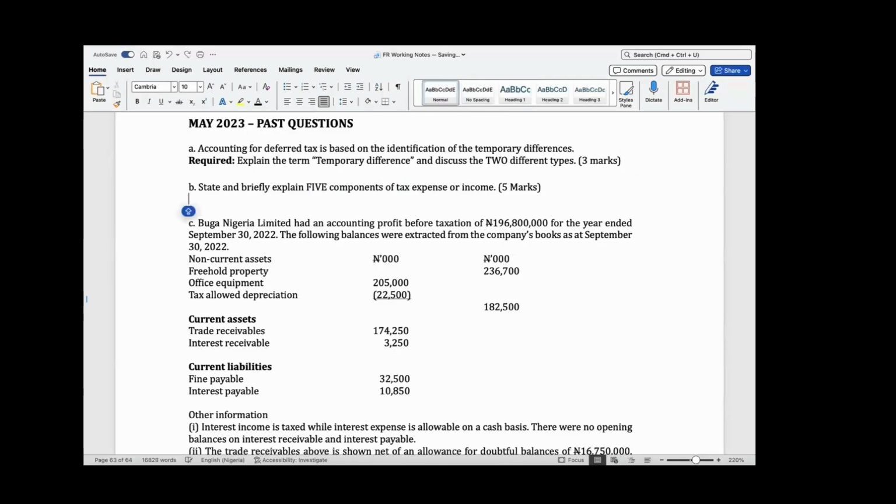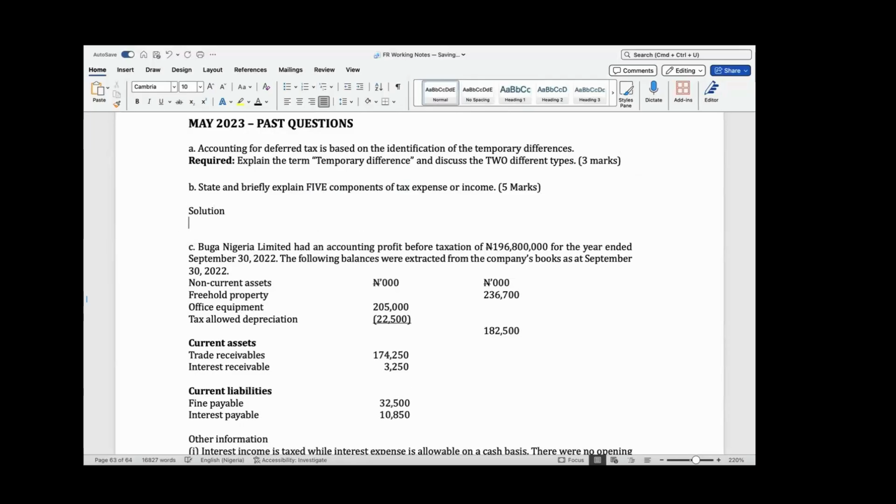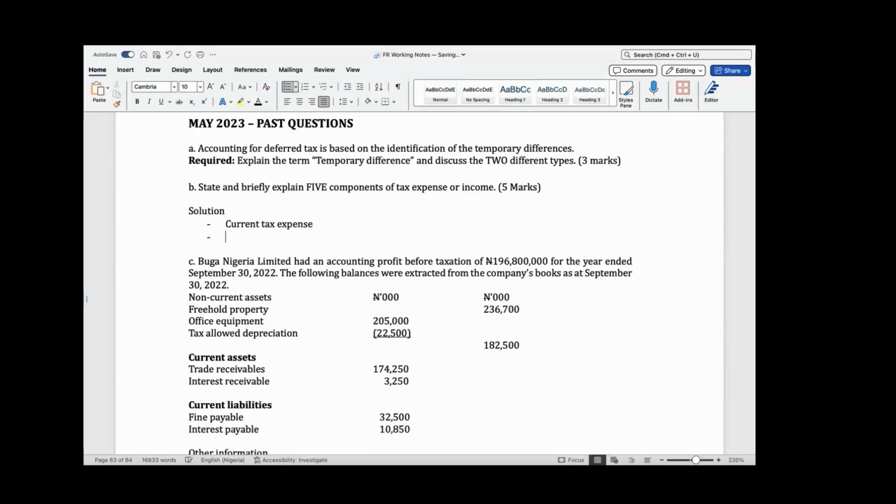I kind of showed you that the components of tax expense are the current tax expense, and I told you we have adjustments of current tax of prior periods.